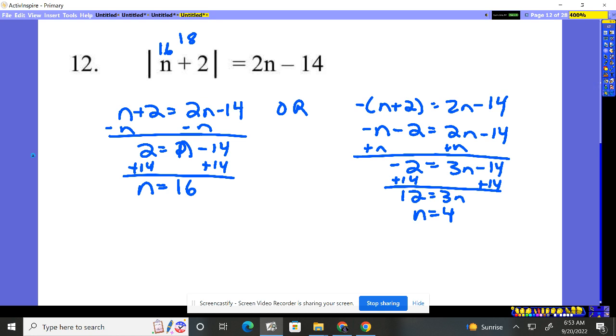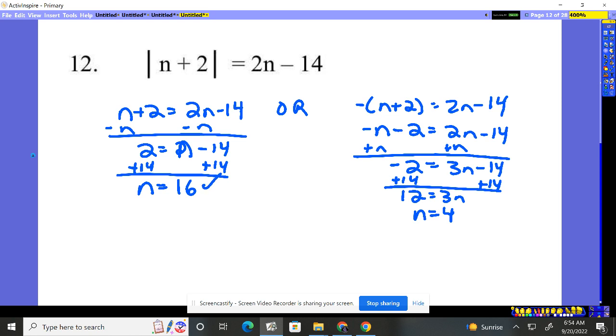Let's erase these up here and try our other number. There we go. So 16 works. So we know 16 is good. So 16, check.